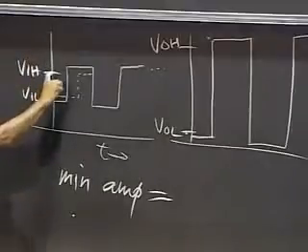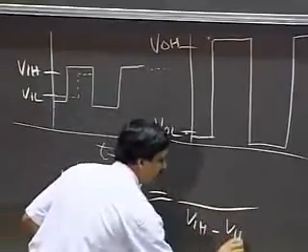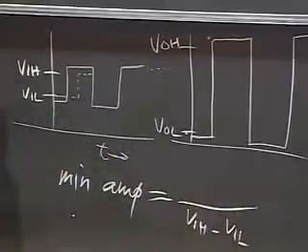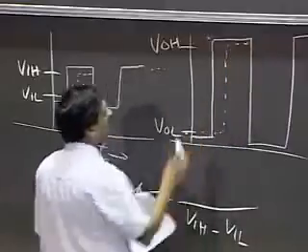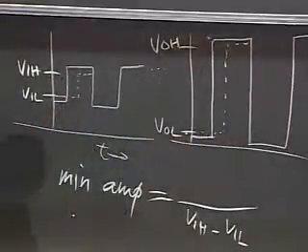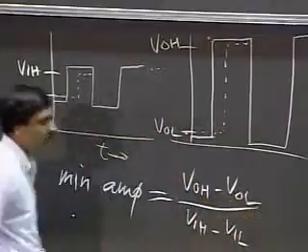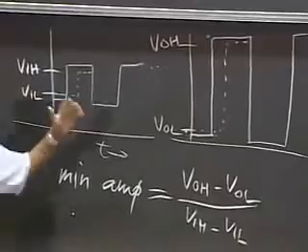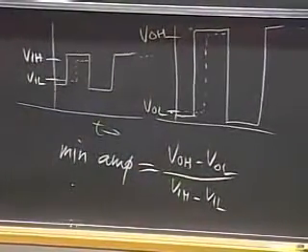So if the signal were this high, peak to peak, VIH minus VIL, and what's the absolute minimum signal at the output? It would look something like this. Okay, barely skimming VOL and VOH. So the corresponding output level would be VOH minus VOL. Okay, so this is the absolute minimum amplification that my digital circuit has to provide.